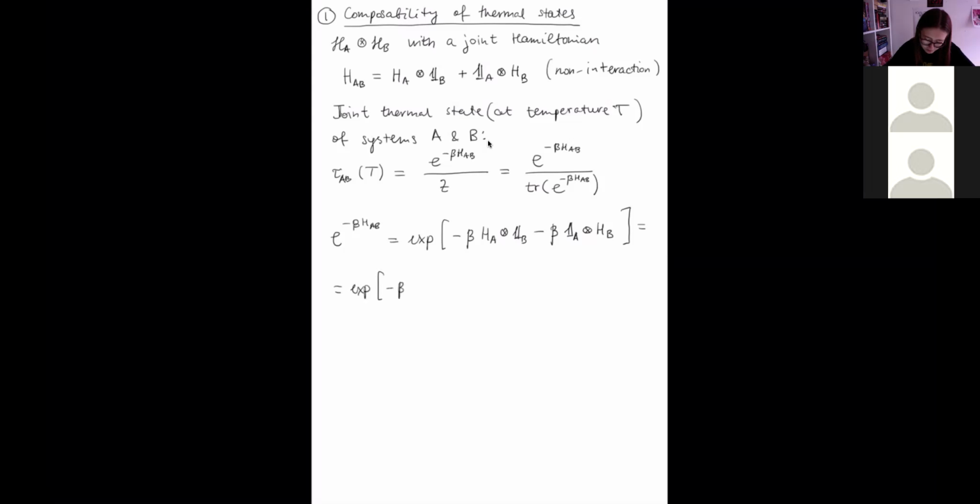So hence, this is the way we diagonalize H_A. This is the way we diagonalize H_B.